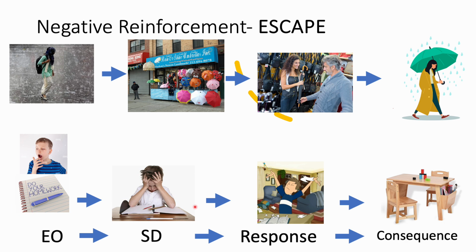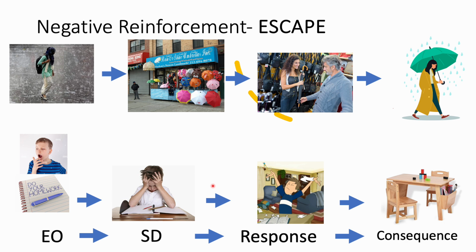Some people might see this contingency and say, oh, this is escape maintained problem behavior. We need to implement escape extinction and not allow them to escape the task. We need to make sure that they complete the task. That would be what escape extinction would look like in this case. But really, yes, that is something that we can consider implementing.